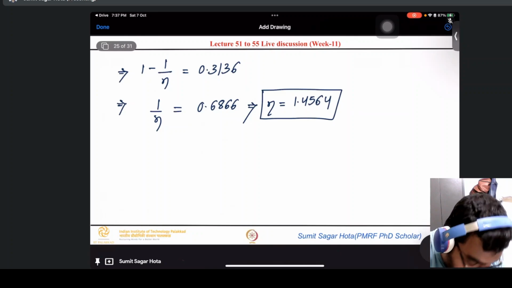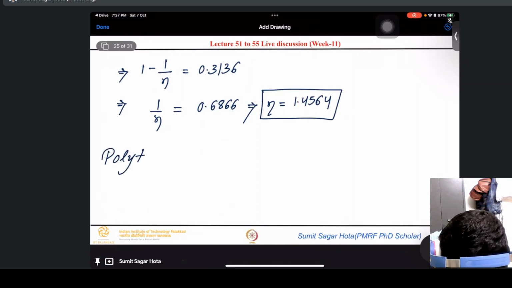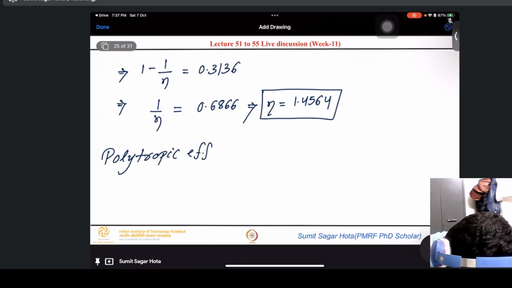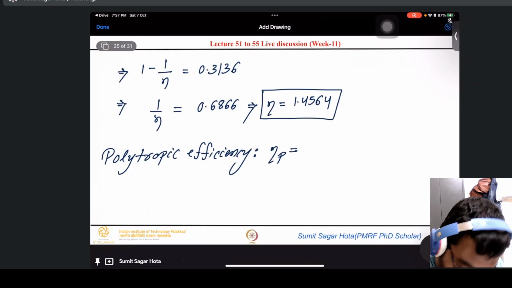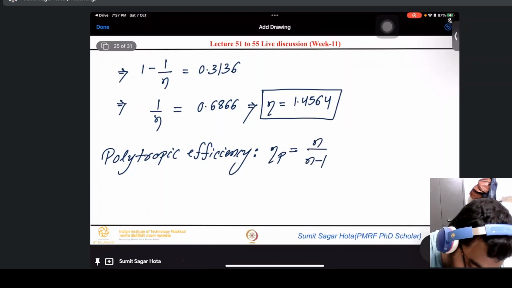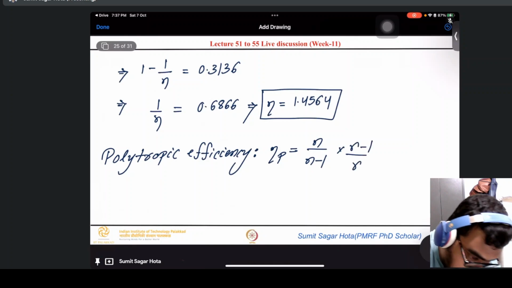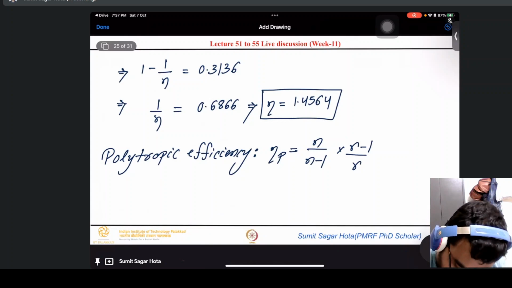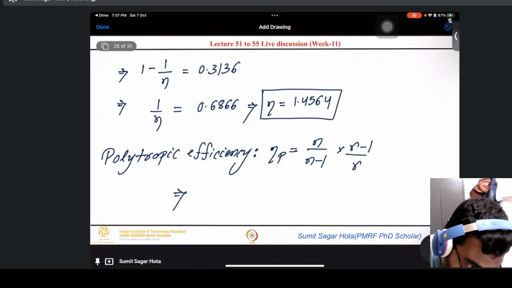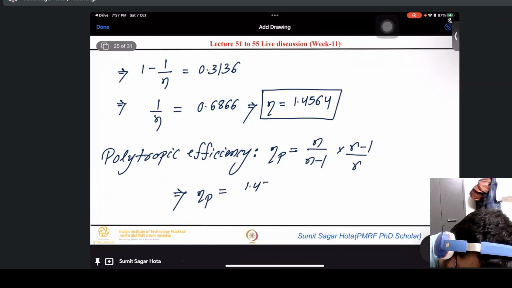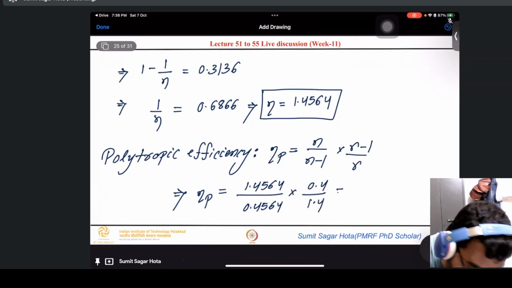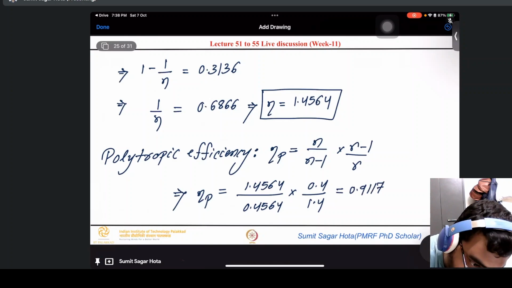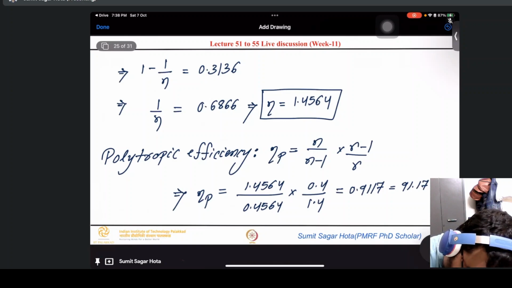What is polytropic efficiency then? n by n minus 1 into gamma minus 1 by gamma, 1.4564 divided by 0.4564 into 0.4 by 1.4 is equal to 0.9117, that is 91.17% efficiency.